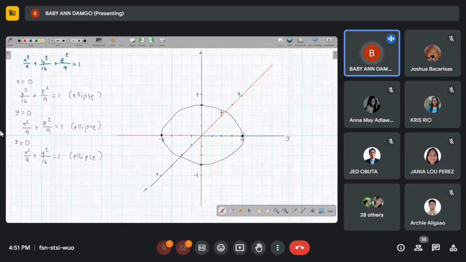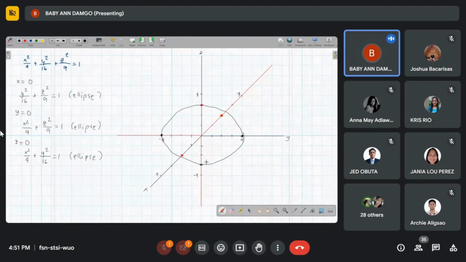Another, for y is 0, we have x squared over 4. For x, we have 1, 2, because 2 squared is 4. Use red. And then 1, 2. And then for z, it's 3. 1, 2, 3.